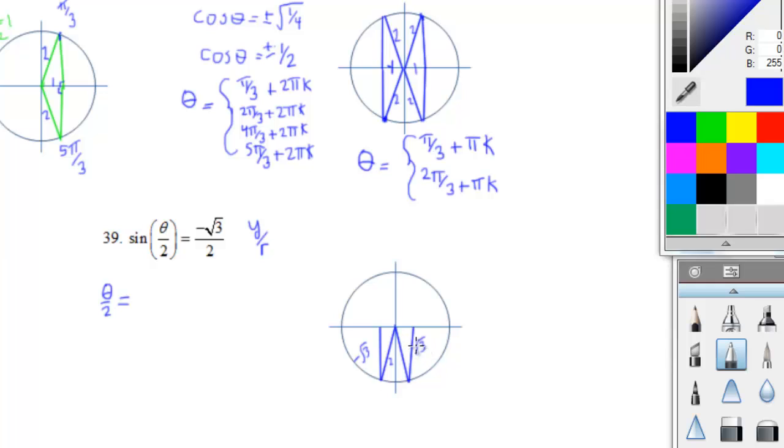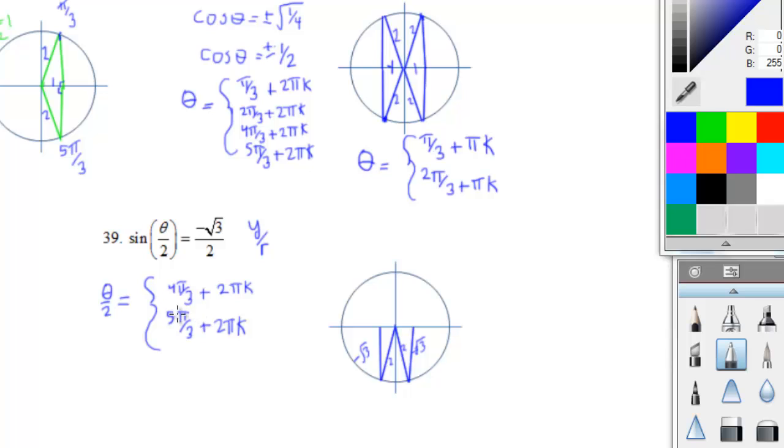So the two angles where that happens are 4 pi over 3 plus anything that lands there, so 2 pi k, and 5 pi over 3 plus 2 pi k.